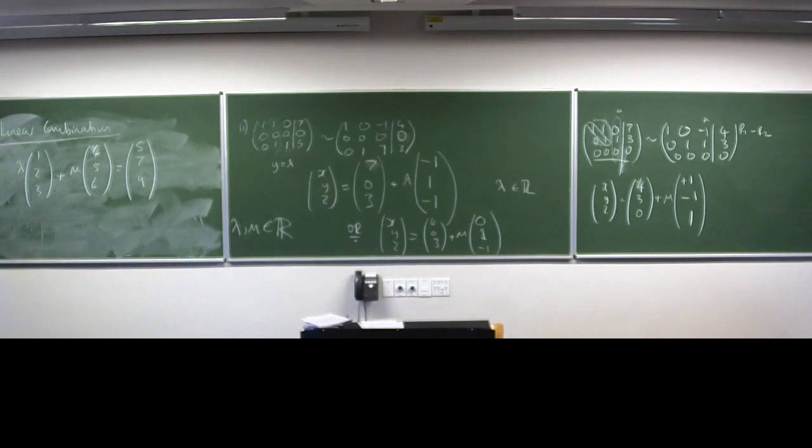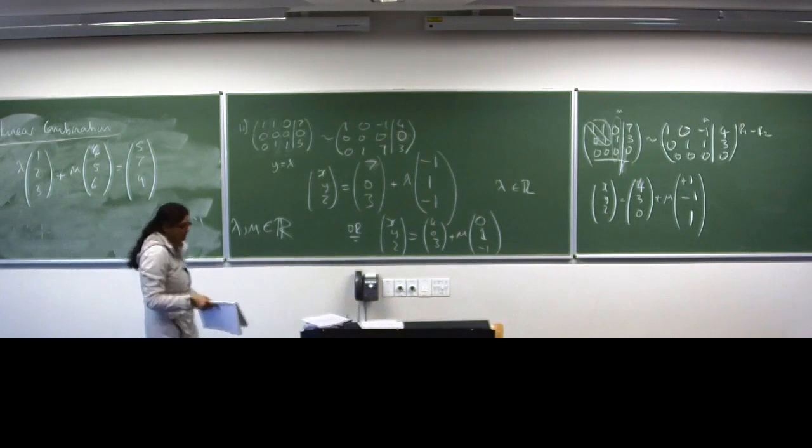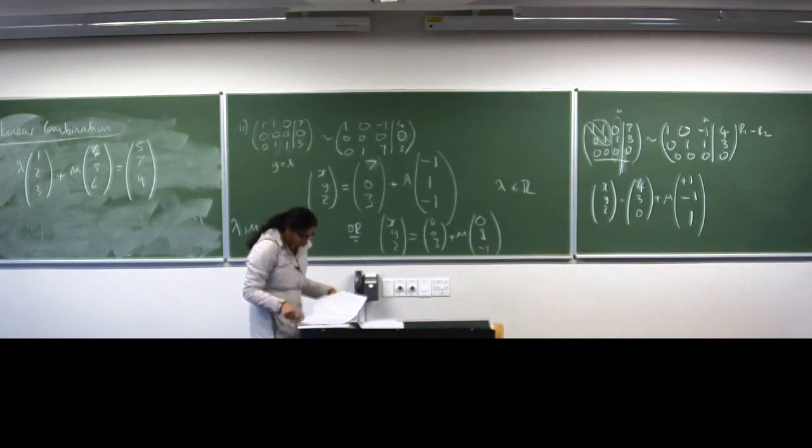All right? So I don't know if this is even in this book, but basically this is just expanding on the concept of a linear combination.